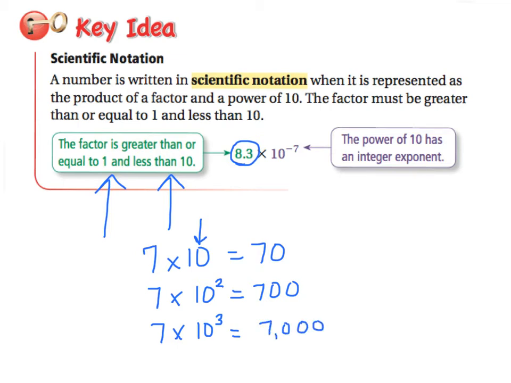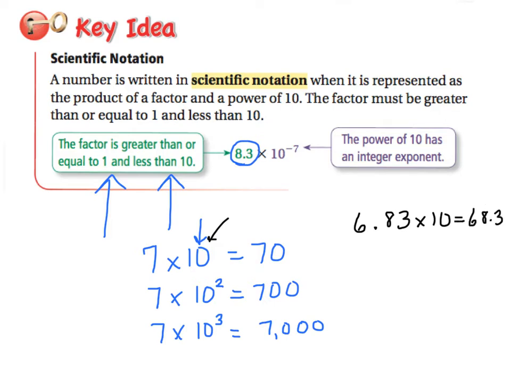Now what happens every time you multiply by 10? If you said that you added a 0, technically that's correct. But if you did 6.83 times 10, that gives me 68.3.